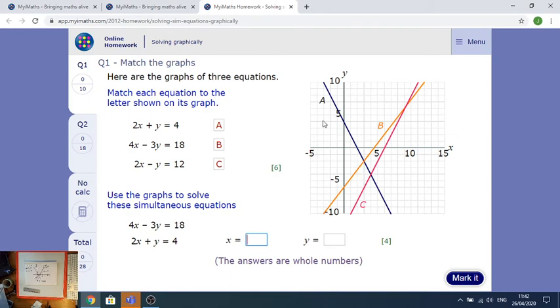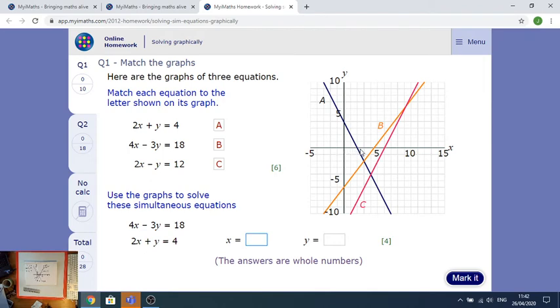All of the points on the blue line are representing solutions to the blue equation. All of the points on the orange line are representing solutions to the orange equation, but there's only one point where they meet each other, which gives a solution that works in both equations. In this case, that's the point 3, minus 2.